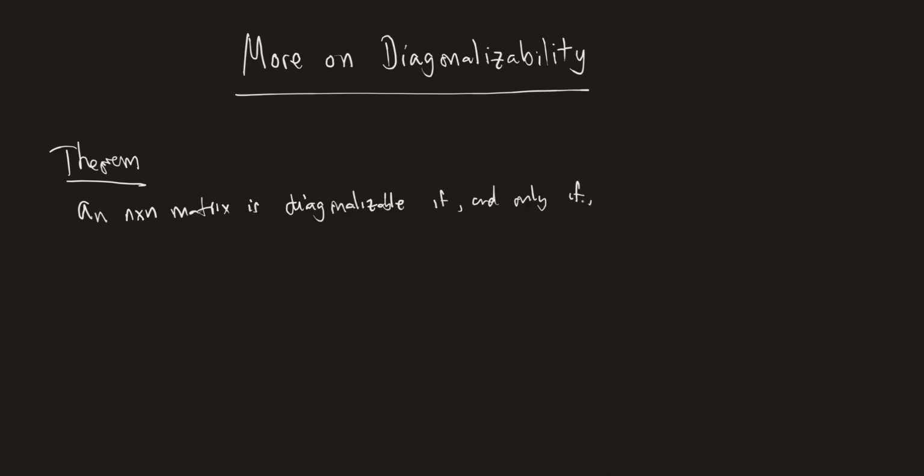The first thing that we're going to start with is a theorem, and we're going to actually prove this theorem. The theorem states that an n by n matrix is diagonalizable if and only if it has n linearly independent eigenvectors.